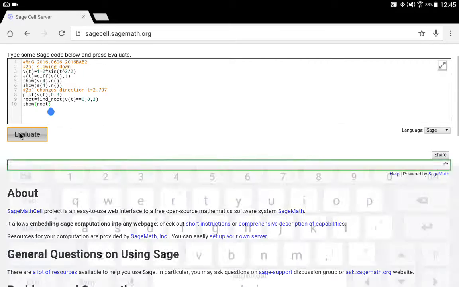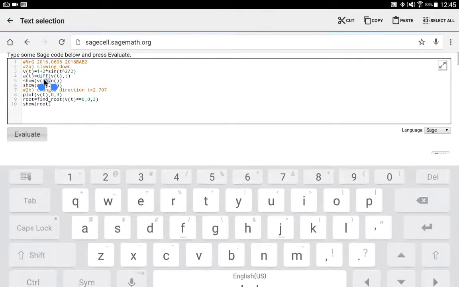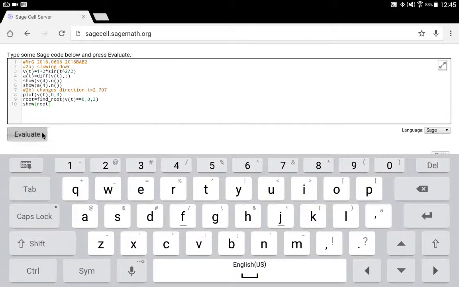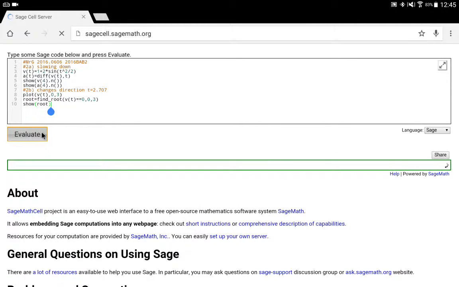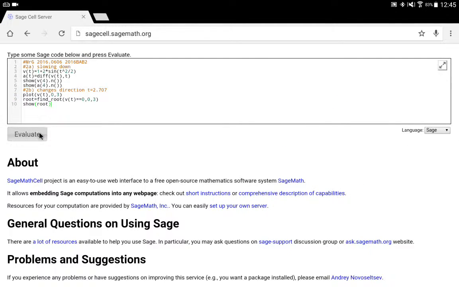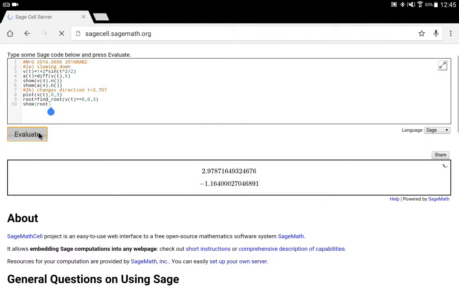Oh gosh, please work. Is it going to do that again? Wow, this has not been this pesky in a long time. This is my network, my Wi-Fi network at school. Sorry guys. I really have no control over this. Alright, so I'll copy this. Wow. Does evaluate help at all? No. Okay, reload this page and then paste it, and reevaluate should open up a new internet connection to the server. There you go. And is the root still 2.707?